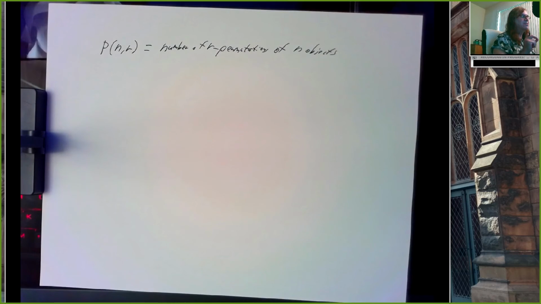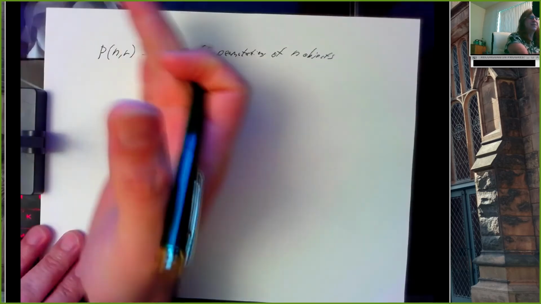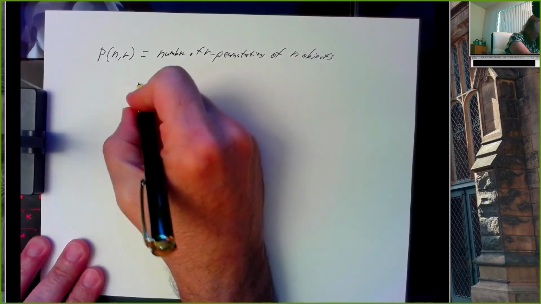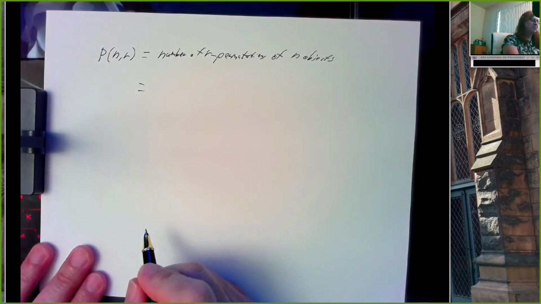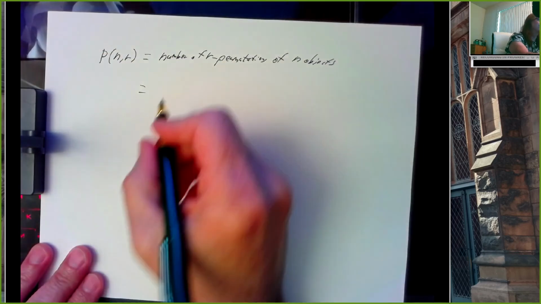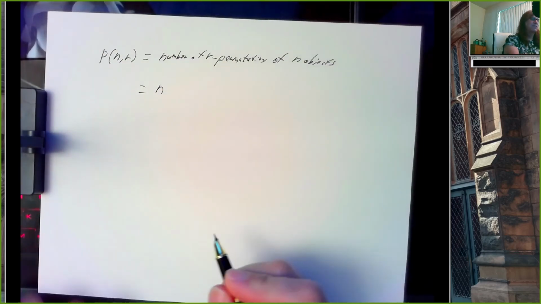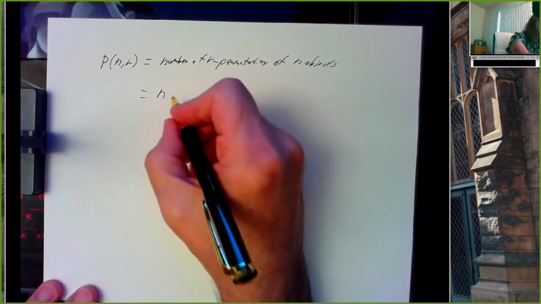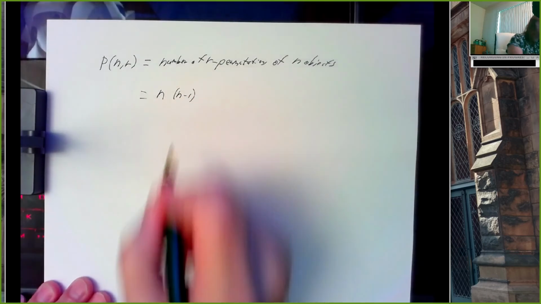But we can do exactly the same line of reasoning for n objects where we're picking r of them. The first object we pick, well, we have n choices, so there's n ways. Then we pick the second object, and there's only n minus 1 ways to do that.